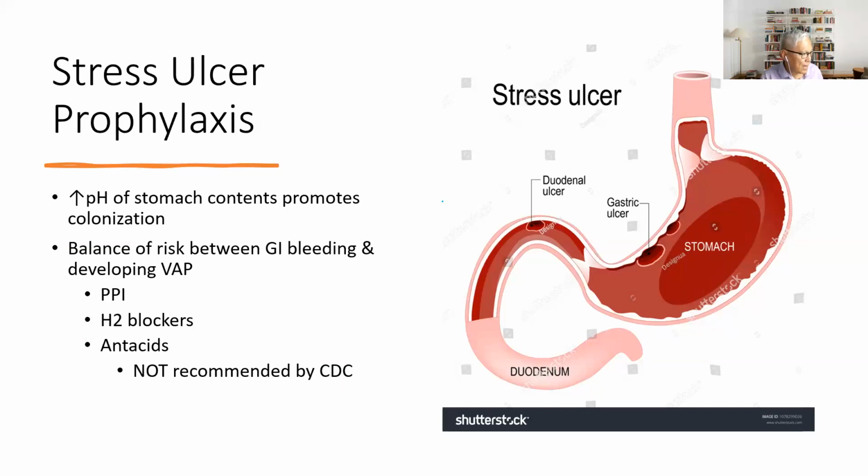All right, PPI are going to be the things that end with azole. So omeprazole is an example of that. All right, H2 blockers are going to be the ones that end with tidine, like cimetidine. And antacids are not recommended by the CDC.